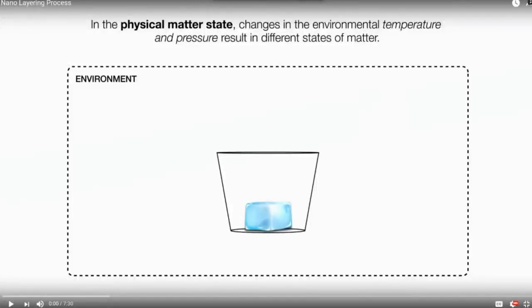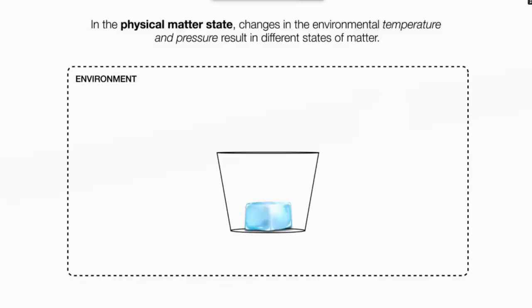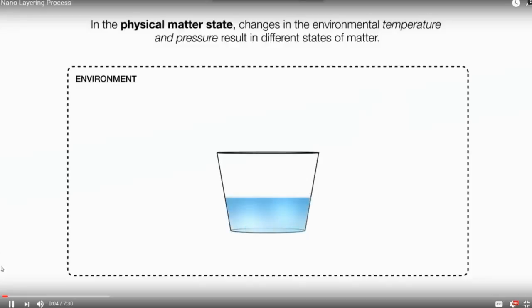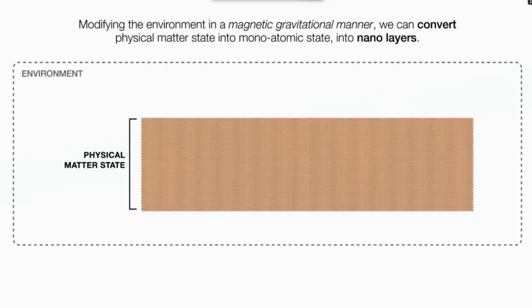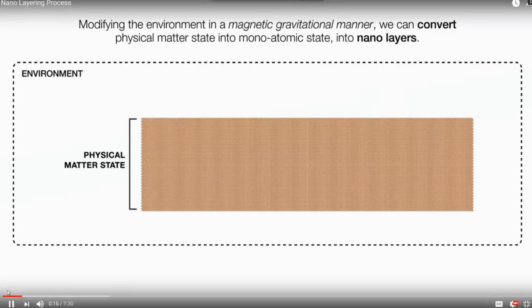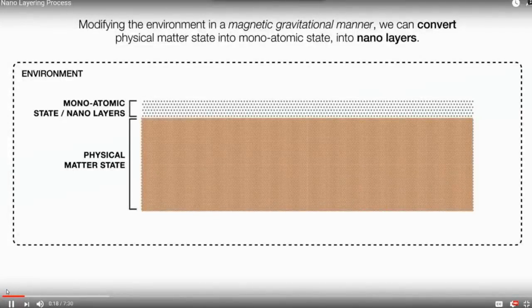In the physical matter state, changes in the environment, temperature, and pressure result in different states of matter. Modifying the environment in a magnetic gravitational manner, we can convert physical matter state into monoatomic state, into nano layers.